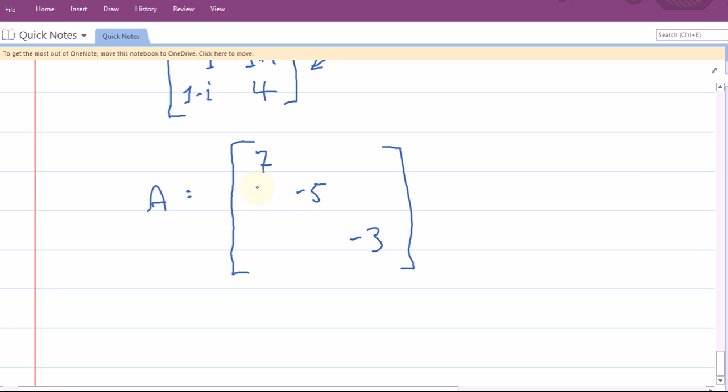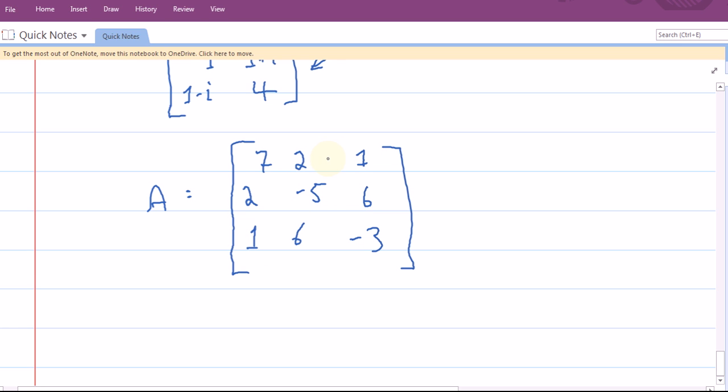The real parts of the off-diagonal elements should be symmetric, so let's write in some numbers: 2, 1, and 6. You see that it's the same across the diagonal, 6 and 6, 1 and 1, 2 and 2.